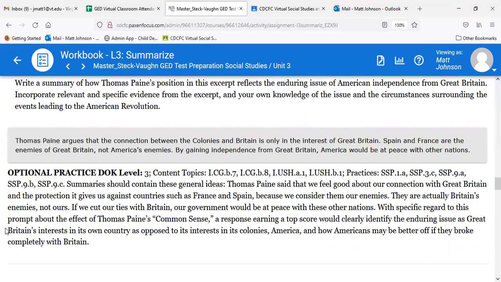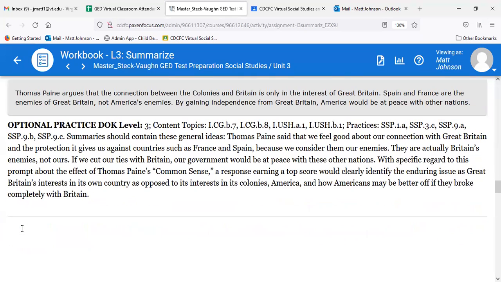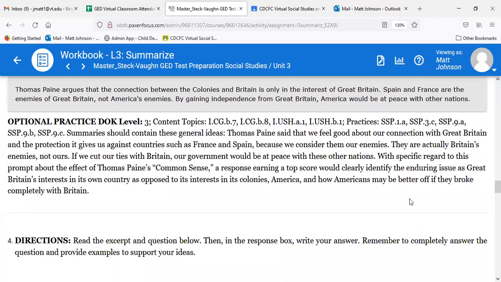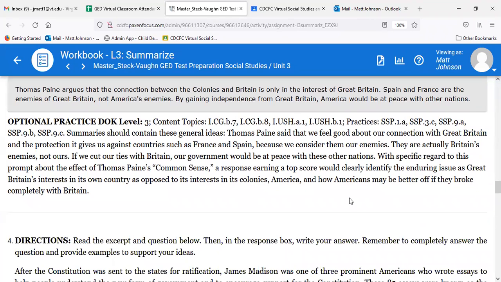They're actually Britain's enemies, not ours. If we cut our ties with Britain, our government would be at peace with these other nations. Exactly what we had, right? A response earning a top score would clearly identify the enduring issue as Great Britain's interest in its own country as opposed to its interest in its colonies. That's exactly what we did, right?